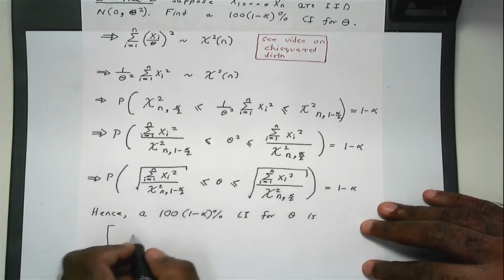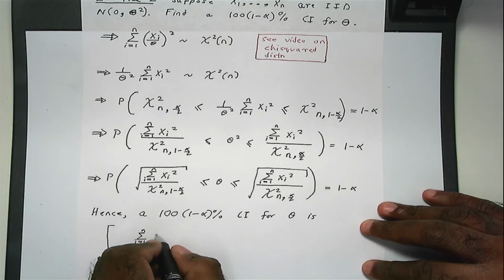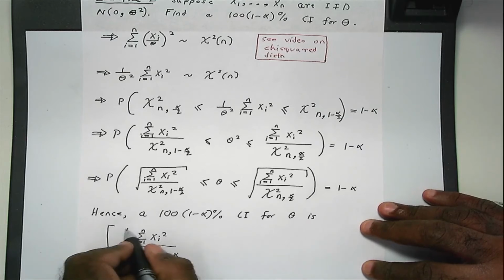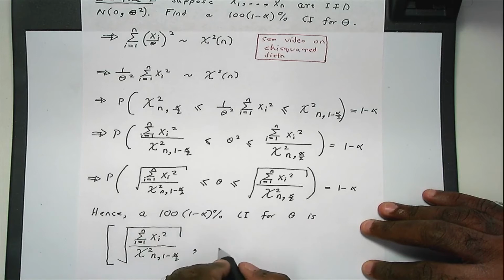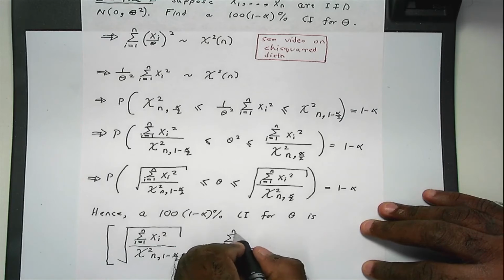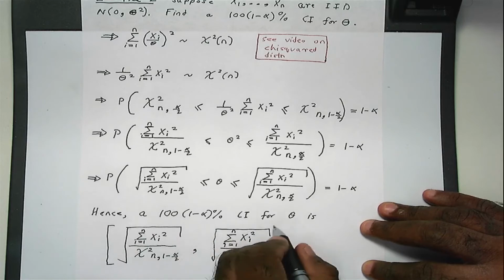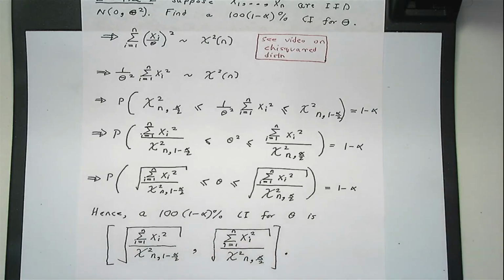So the lower limit is this, and the upper limit is this. Alright, so this completes example 2.